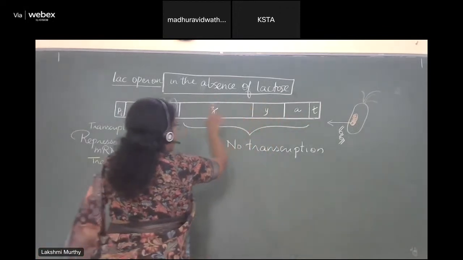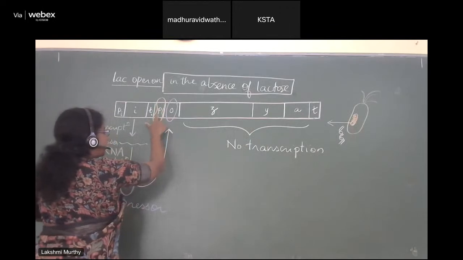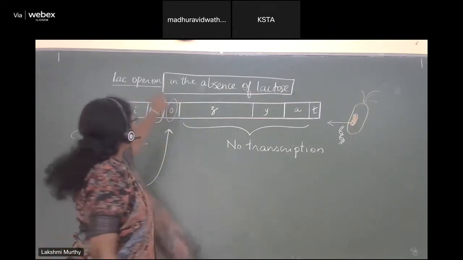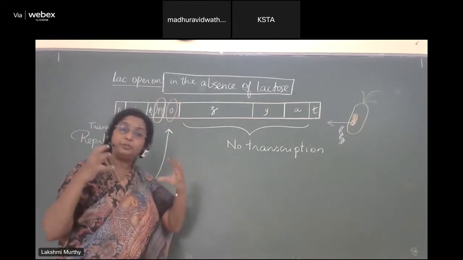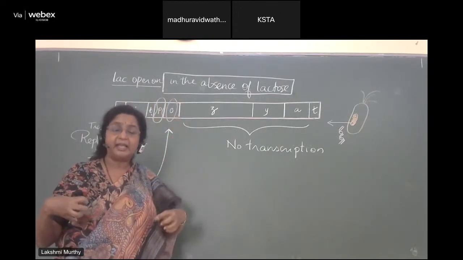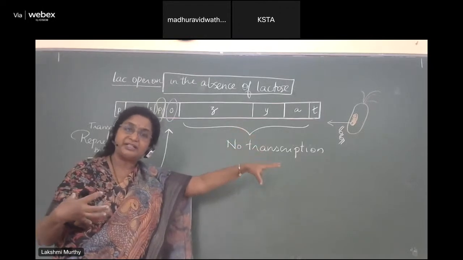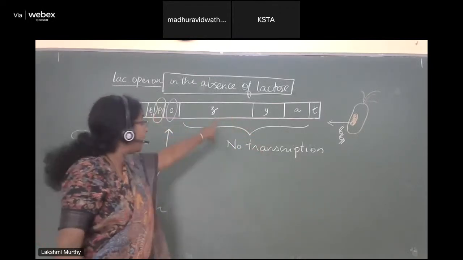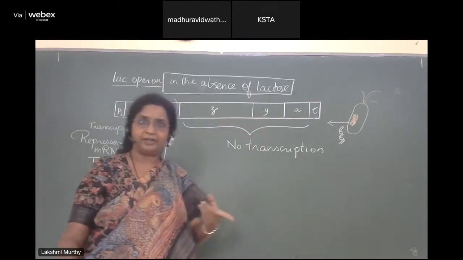And ZYA along with their promoter, operator, regulator will be called an operon. An operon is a set of sequences which contain the structural genes and the different sequences that can regulate how ZYA can actually work.